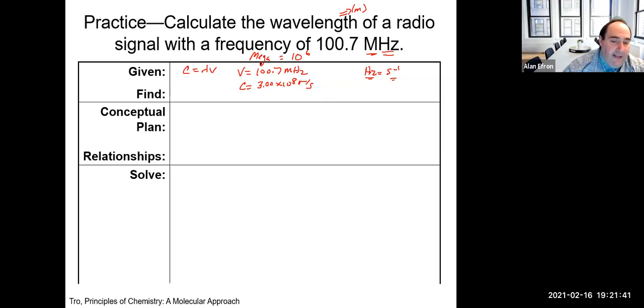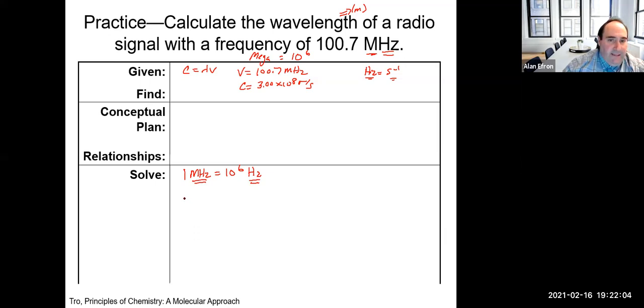To do that, we will use that mega prefix, and you want to make sure you get it correctly. When it says 10 to the 6, that means in one of the prefix, megahertz, there is 10 to the 6 hertz. So the base unit is hertz, the prefix is megahertz, and that is the correct way to do it.